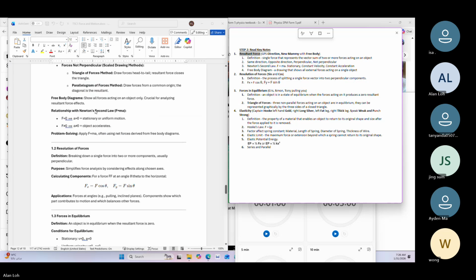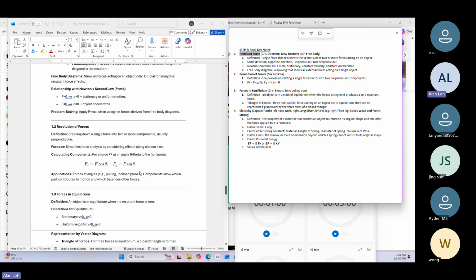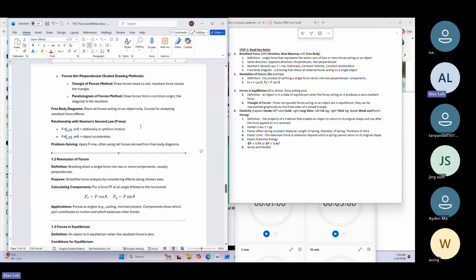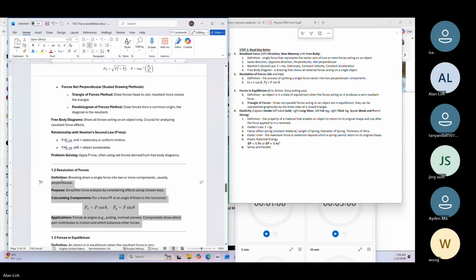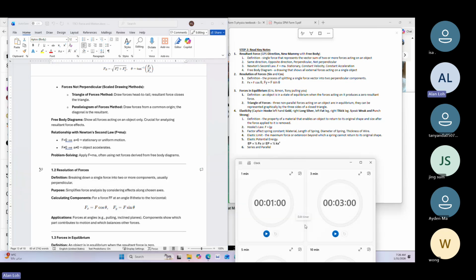Now, let's do this very small, very short paragraph over here for 1 minute. This is drawer number 2. Let's start now.